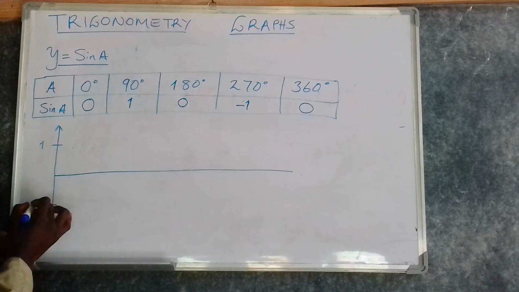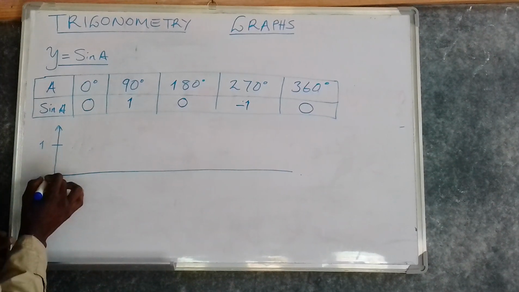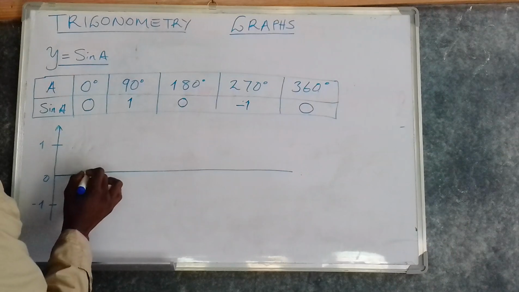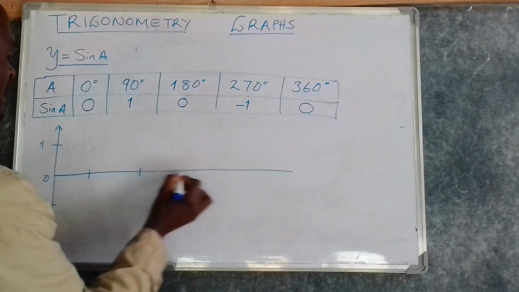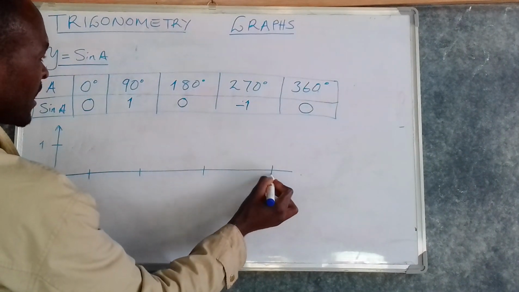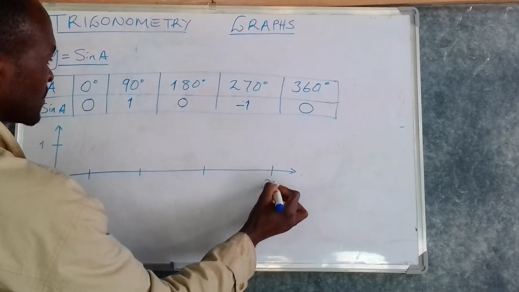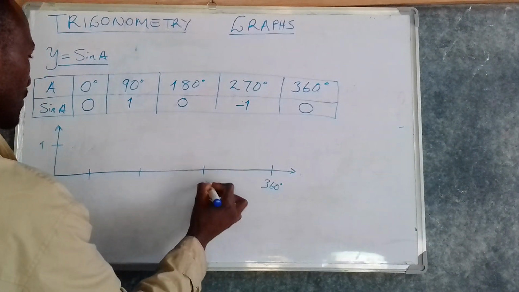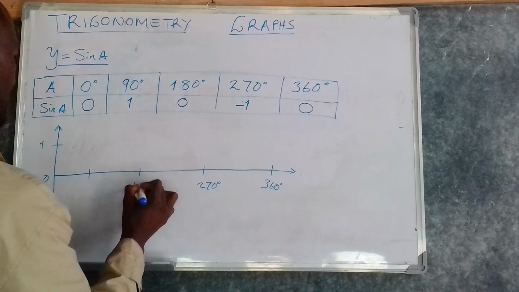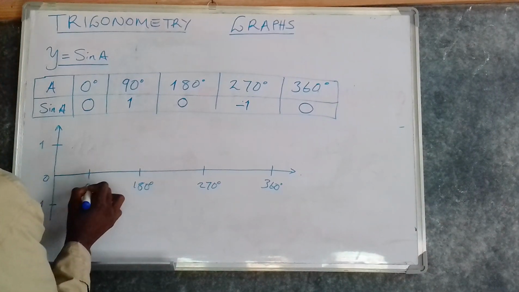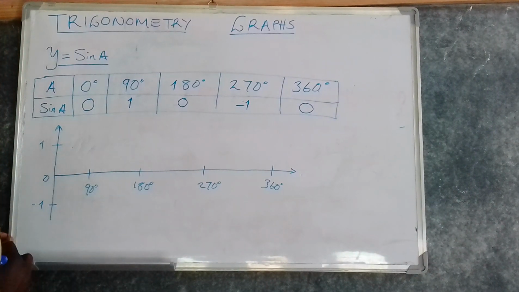And down here we are going to put negative 1. And here is where we are going to put a 0. Here 90, here 180, here 270, there 360 degrees.